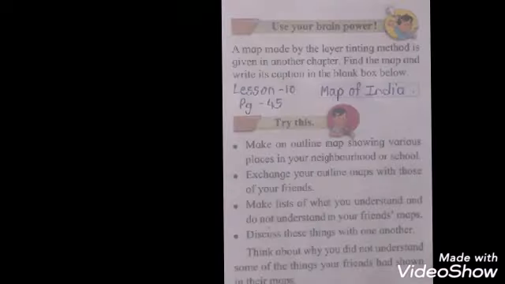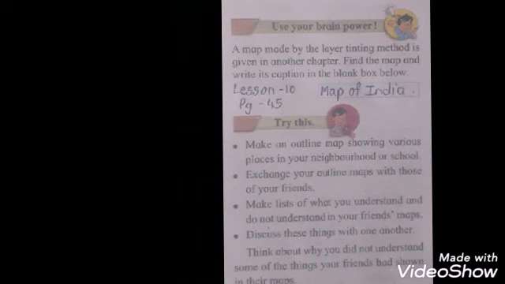Use your brain power. A map made by the layer tinting method is given in another chapter. Find the map and write its caption in the blank box below. In the next lesson, lesson 10, you can find the layer tinting method map.